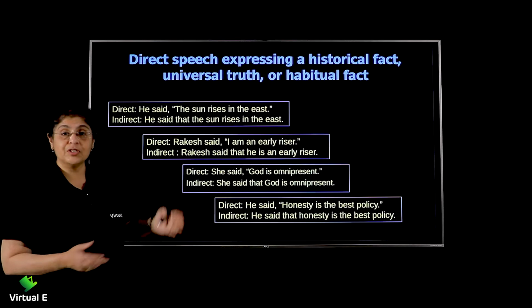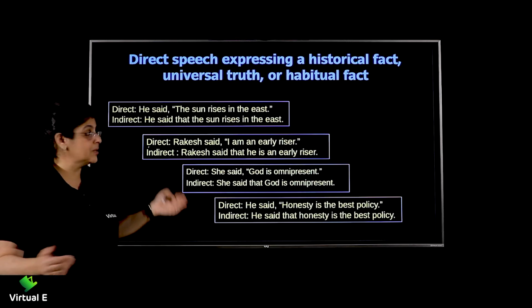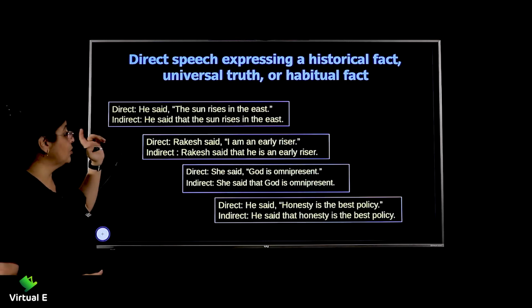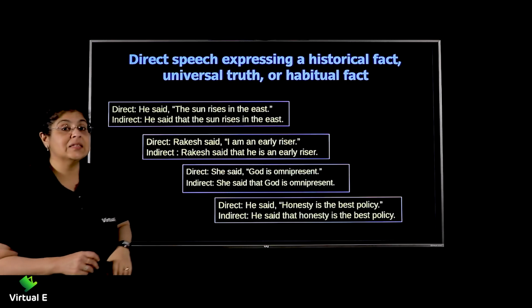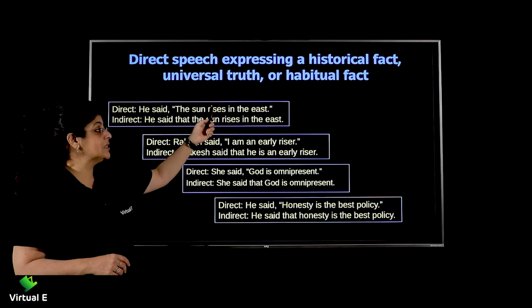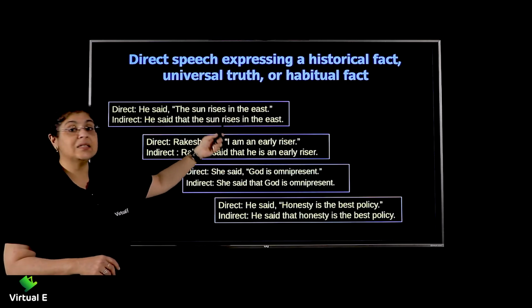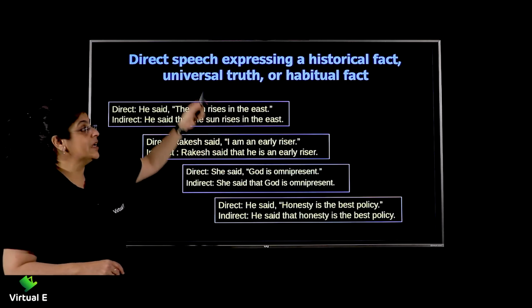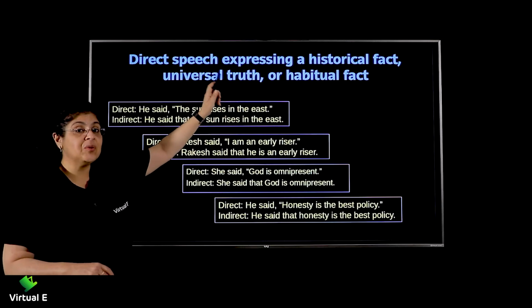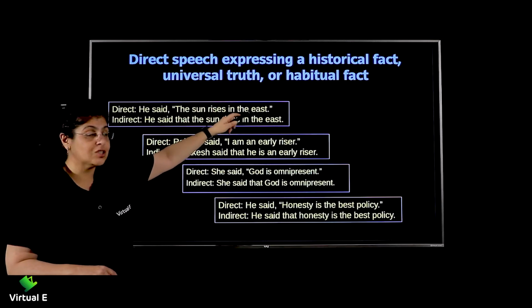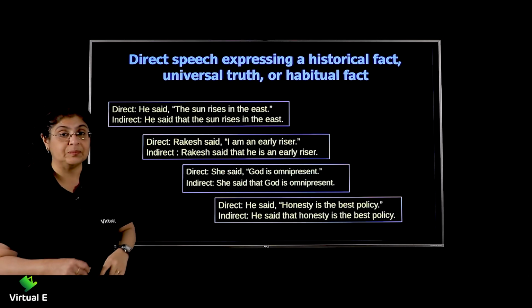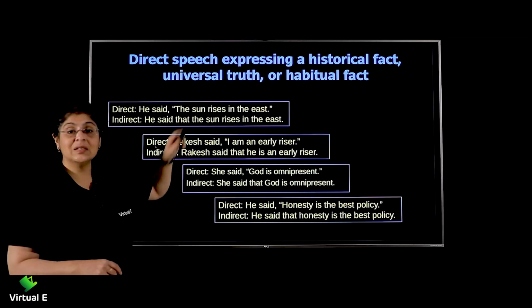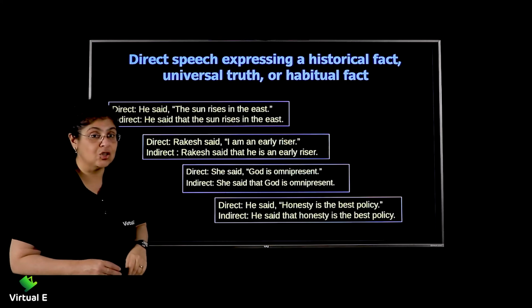Now this is a universal truth. Everyone knows it, right? The whole world knows this, the whole universe. So indirect: "He said that the sun rises in the east." It does not change. In these cases, when you have historical facts or universal truths or habitual facts, the tense of the verbs does not change.